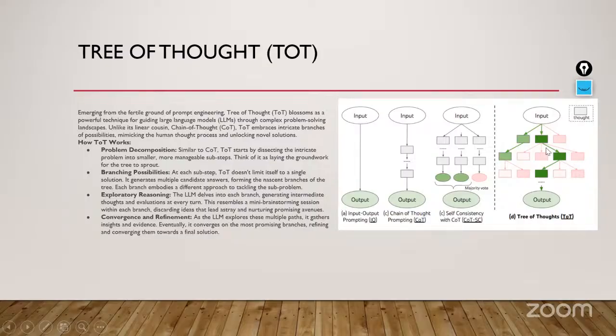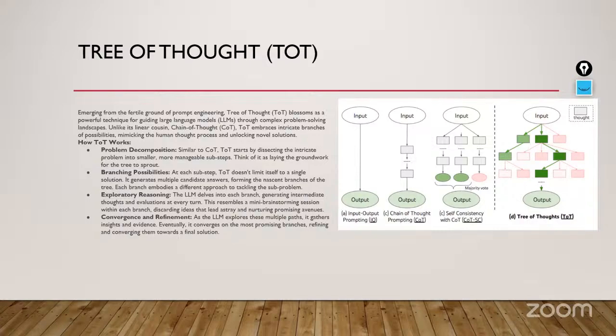Completely, it will think through all the things, and from there it will give more importance to the features which are more likely to happen; it will give you a higher score for that. Likewise, at each substep, tree of thought doesn't limit itself to a single solution.